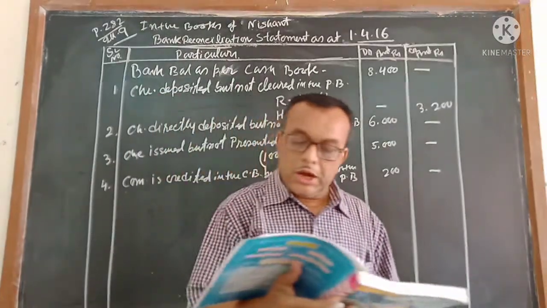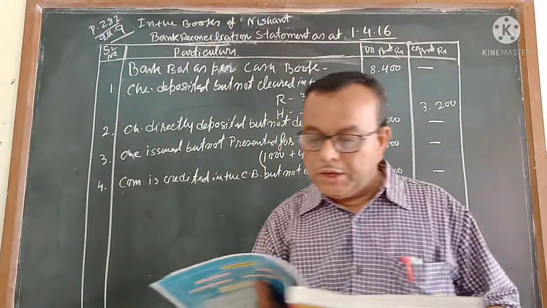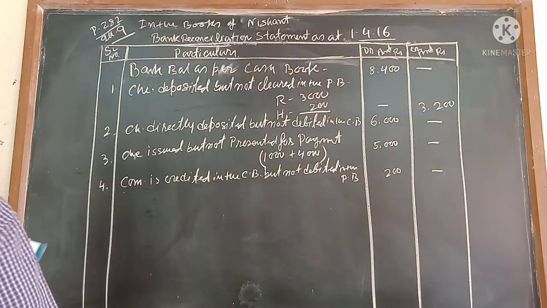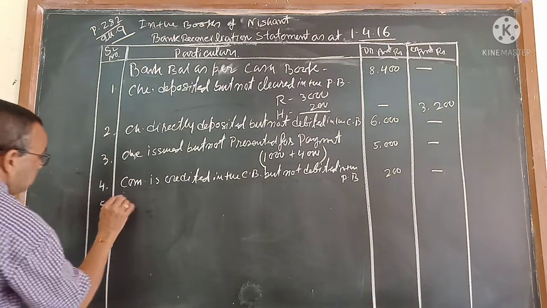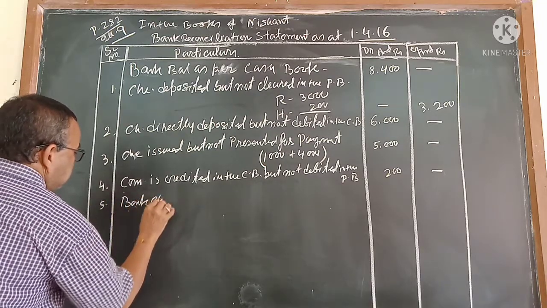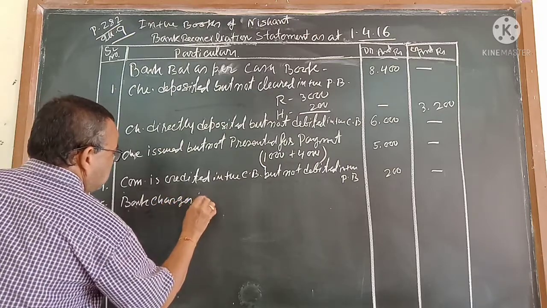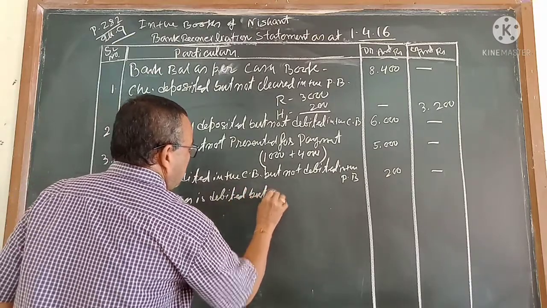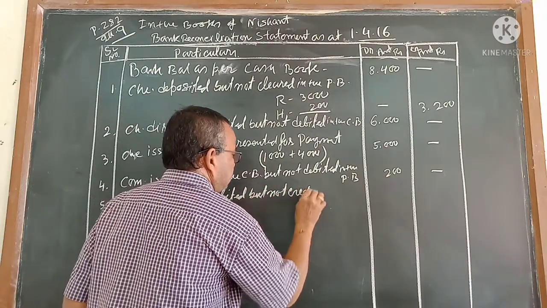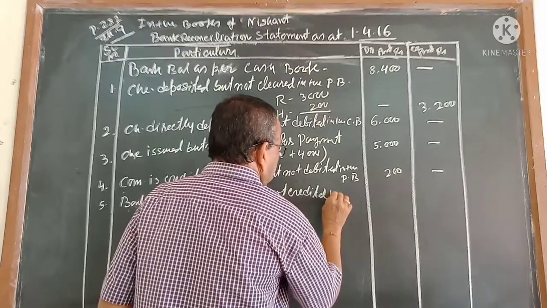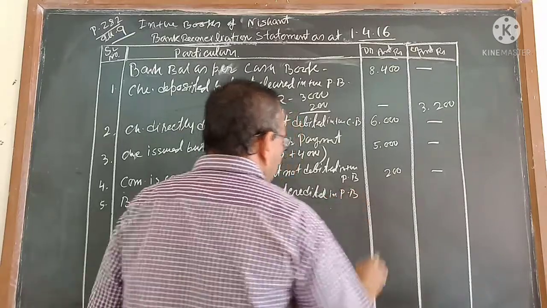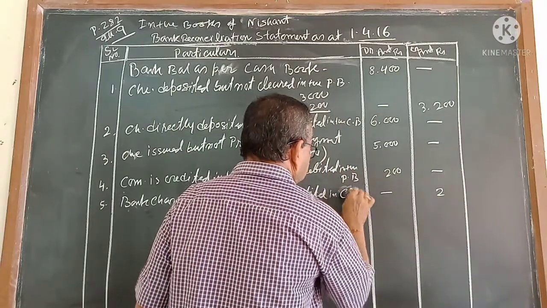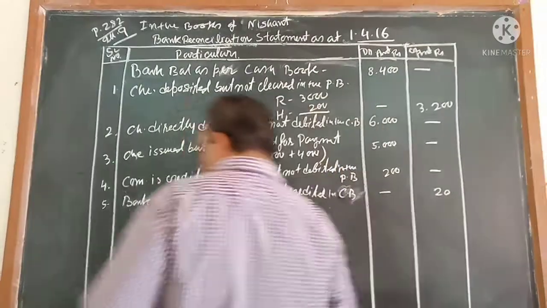Next is coming the 20 rupees bank charges and New India Insurance Company. So bank charges, how much? 20 rupees. It is debited but not credited. You have to write here: bank charges debited but not credited in the passbook. So how much? 20 rupees in the cash book. 20.